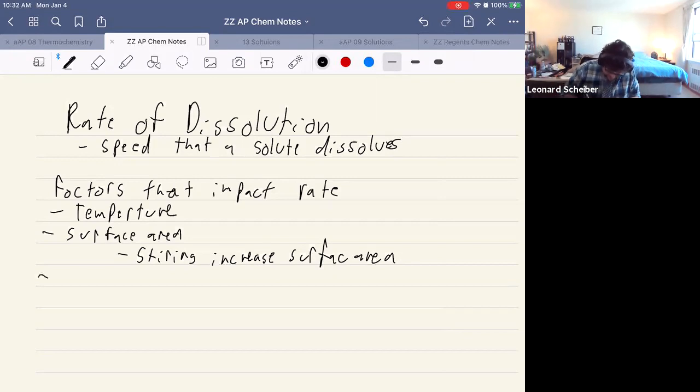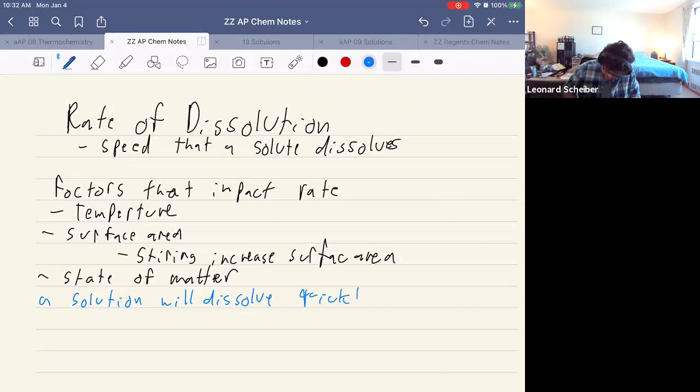And we can also say state of matter. For example, a solution will dissolve quickly into water.